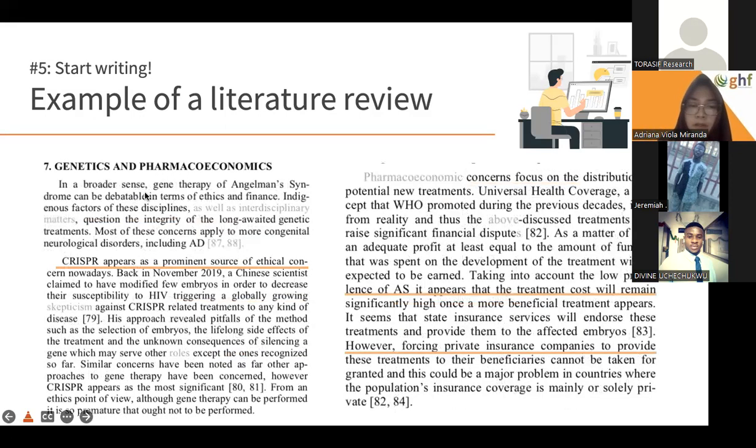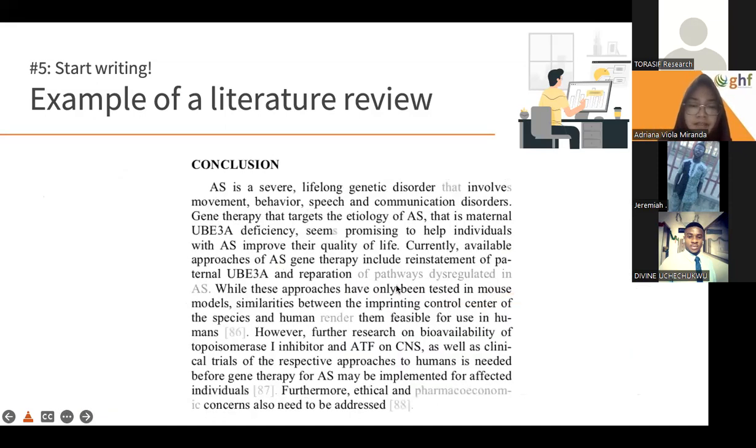And we also include discussions about ethical and economic concerns, something like that. And lastly, there's this conclusion.